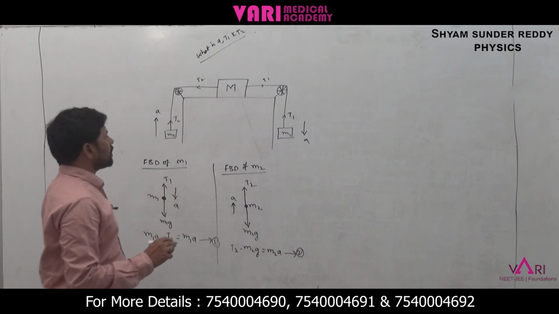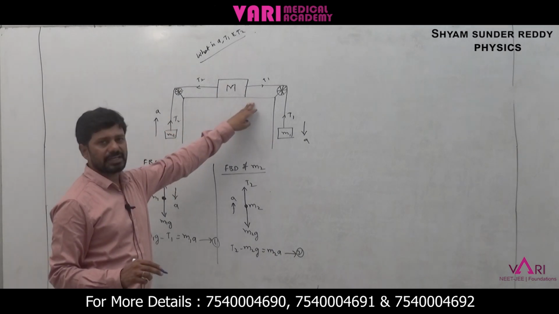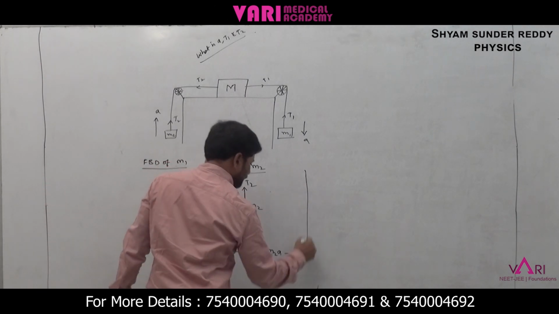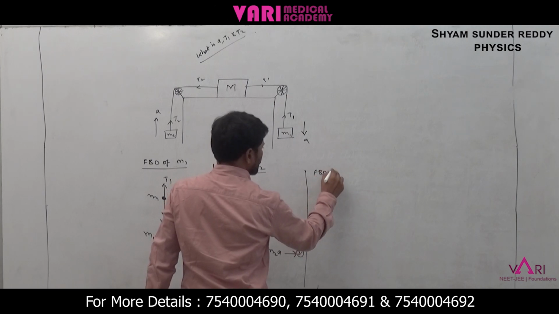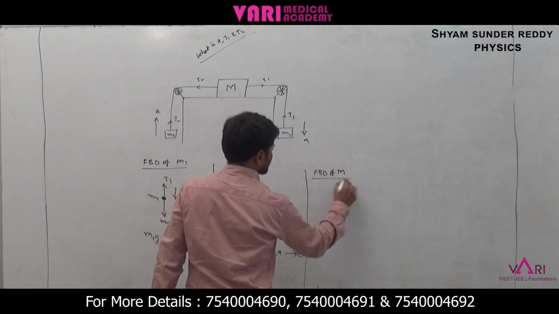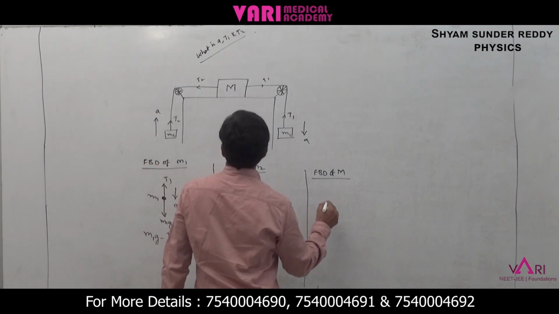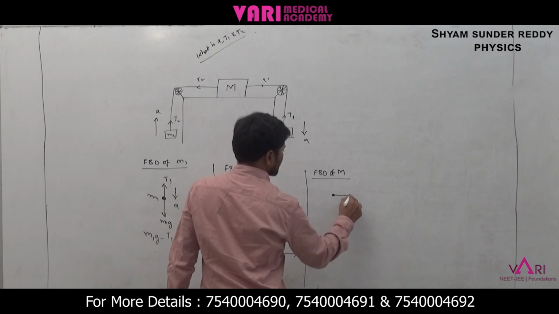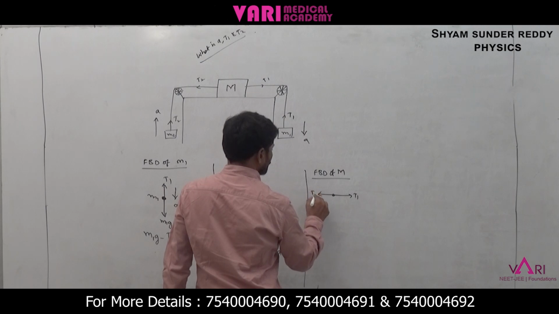And FBD of capital M, which is a horizontal one. On this, two forces are acting. This side is T1 and this side is T2.